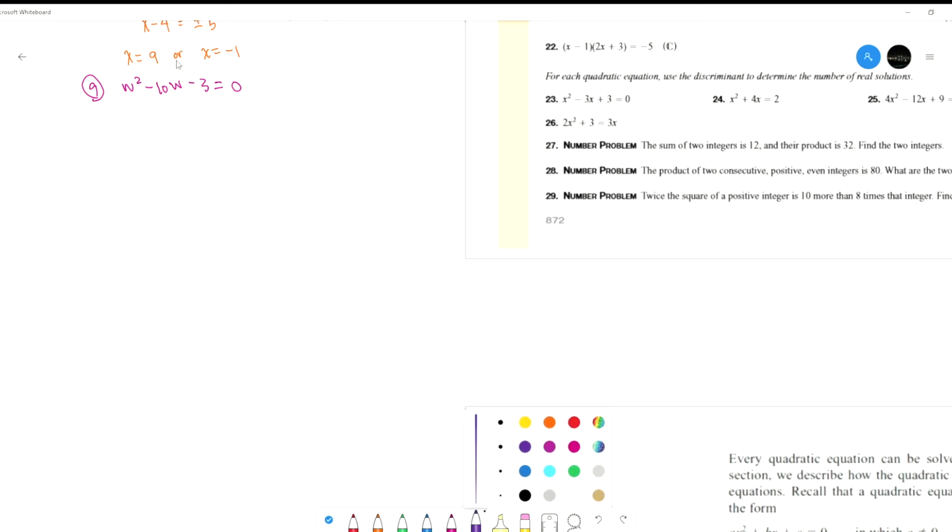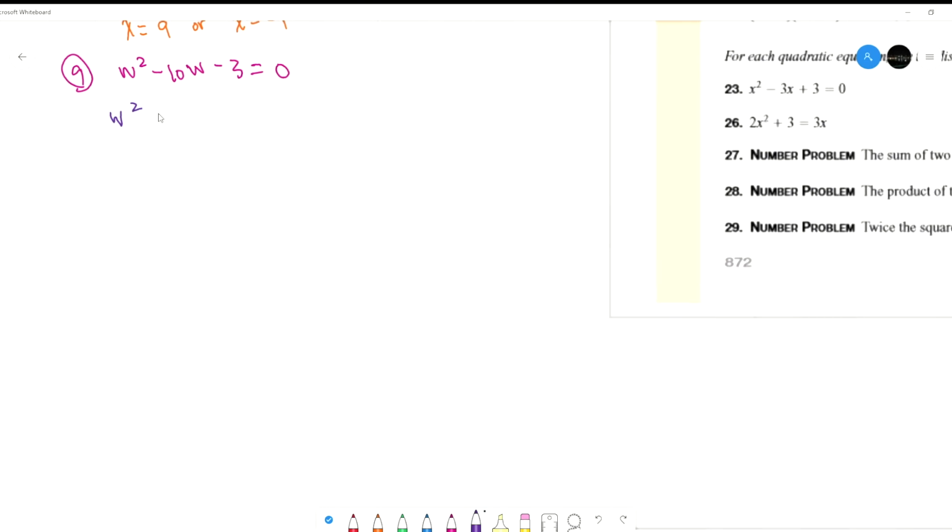Okay, so we will start by adding the constant term to both sides. We get w squared, let me zoom in a bit, w squared minus 10w is equal to 3.